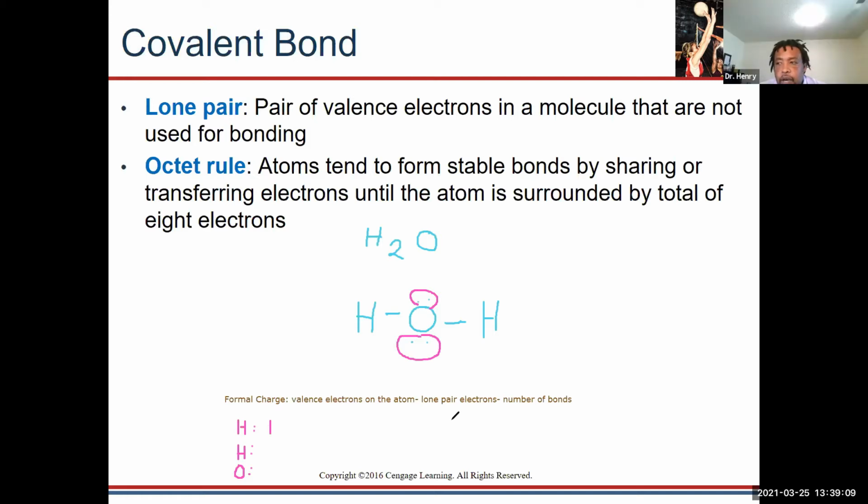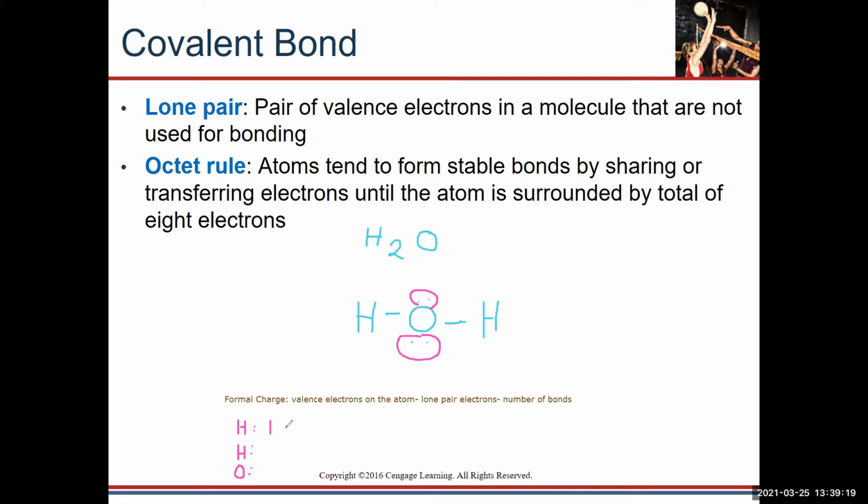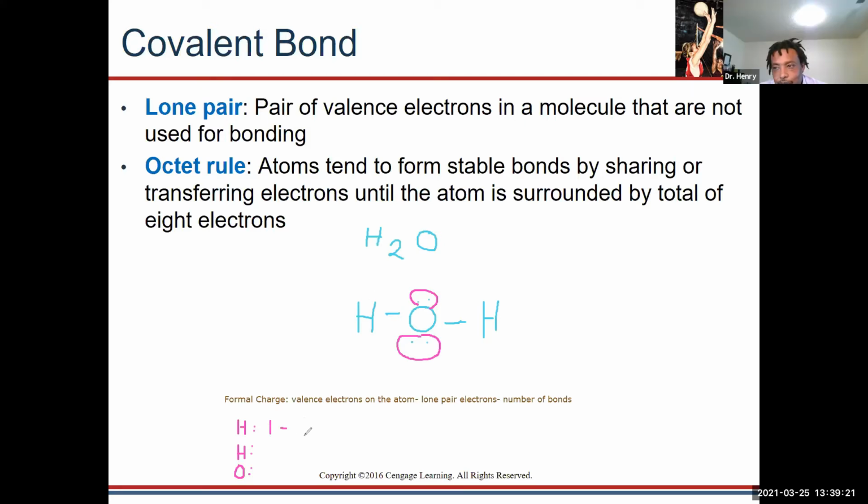Minus the number of lone pairs. Are there any lone pair electrons around hydrogen? No, there are 0. Sorry. And then how many bonds do we have?